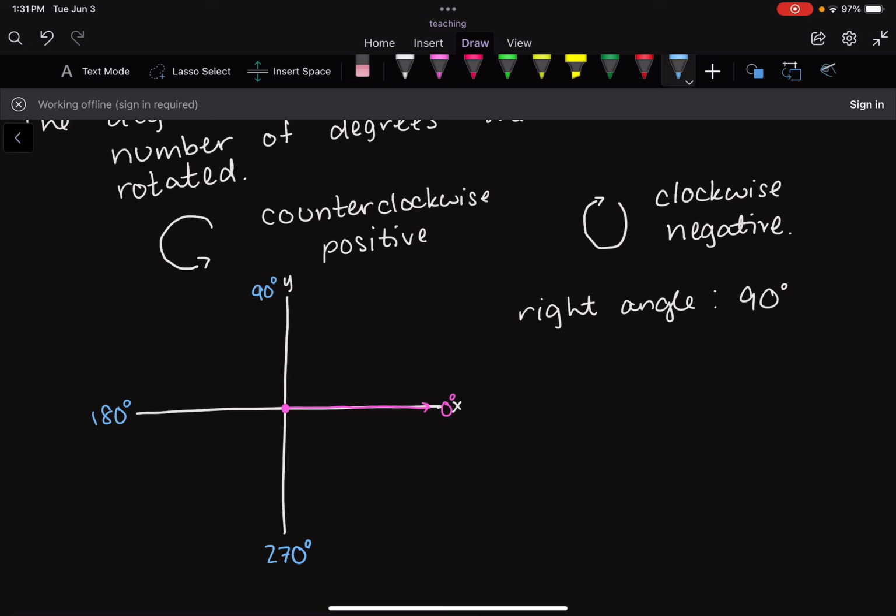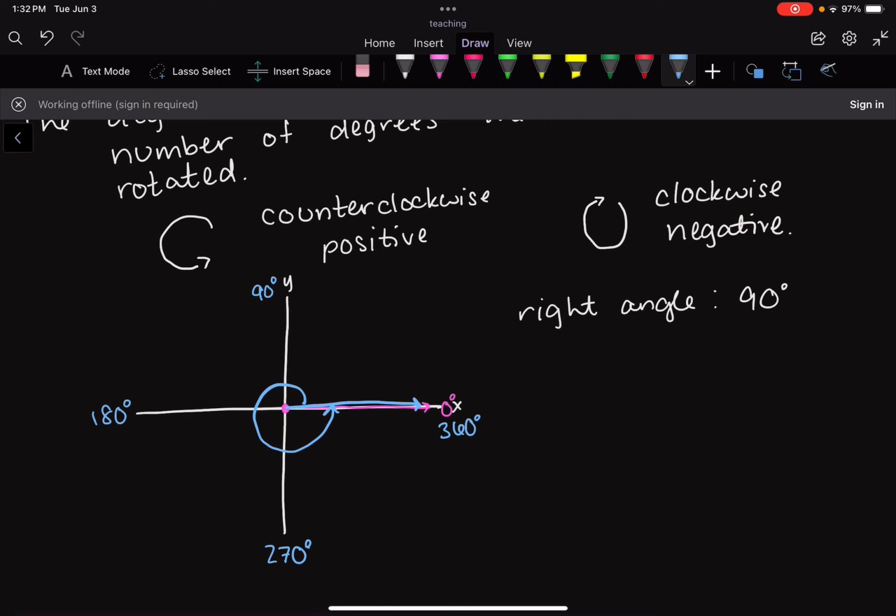And then lastly, if we come all the way back around to this initial side, looping around an entire rotation, we're going to find that this is also 360 degrees. Hopefully this makes sense, because if we loop around an entire time, we're making a circle, and circles have 360 degrees in them.